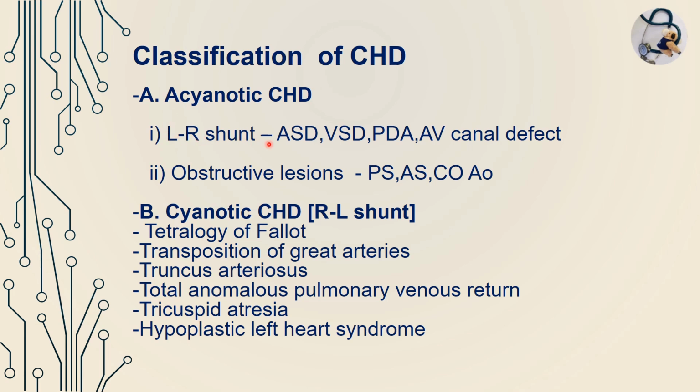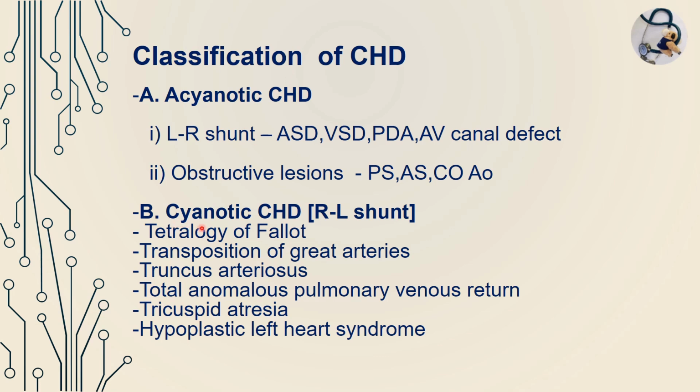Under this left to right shunt come atrial septal defect, ventricular septal defect, patent ductus arteriosus and atrioventricular canal defect. And then obstructive lesions, that is including the tubes, come under this. So pulmonary stenosis, aortic stenosis, coarctation of aorta come under the obstructive lesions. So both of these are acyanotic heart disease.